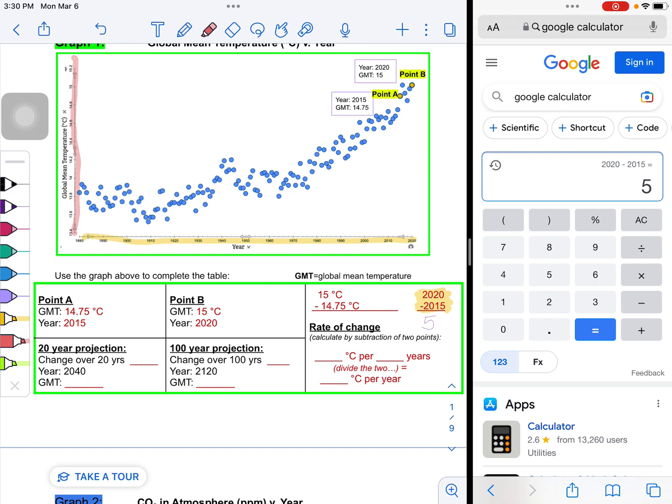And our y-axis, our temperature, 15 minus 14.75. And again, those numbers are just coming right here from the data points that I already gave you. That one has a change of 0.25 temperature.